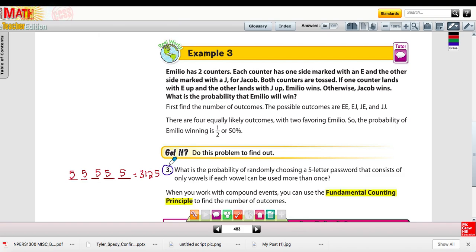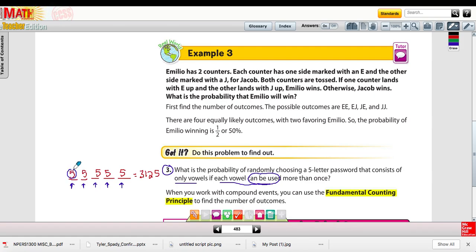So in example 3, the probability of randomly choosing a 5-letter password that consists of only vowels if each vowel can be used more than once. That's an important thing to remember, if things can be reused. So for the first letter in our password, there's 5 letters, A, E, I, O, and U. For our second letter, since we can reuse letters, we have another 5 possibilities there, and 5 possibilities there, and all the way down.